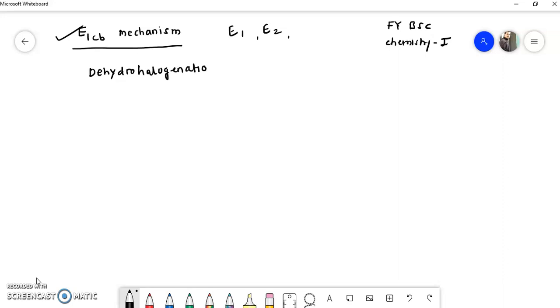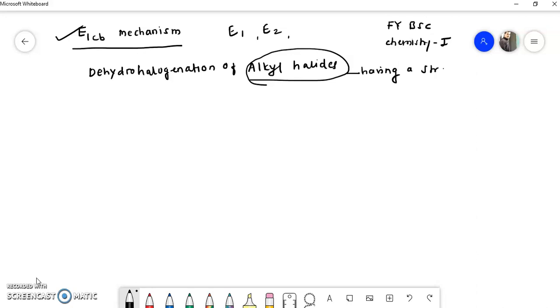We have to take the same starting materials, but here the difference is that these alkyl halides have strong electron withdrawing groups. Now what are electron withdrawing groups? The groups which have electronegative atoms and attract the electrons towards them. So a strong electron withdrawing group is there in the starting material.